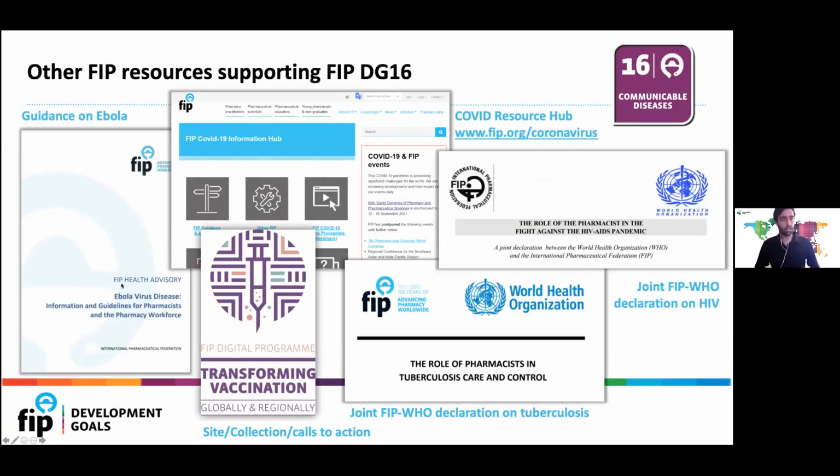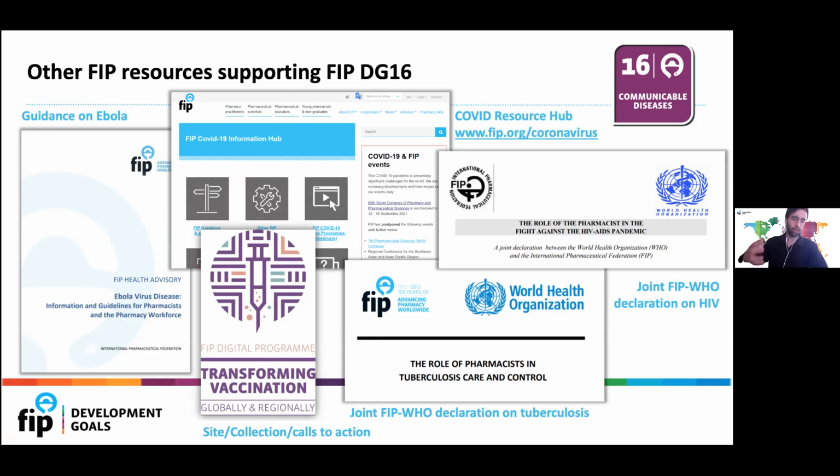There are some other resources, previous publications, for example, the guidance on Ebola virus disease, and the collaborations with WHO in tuberculosis and HIV/AIDS that you can see on the right side. One very recent information hub is the COVID Resource Hub that you can find at FIP.org/coronavirus, and it has many tools and information about this disease.